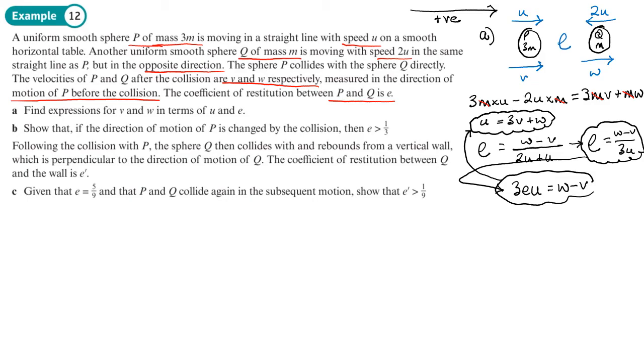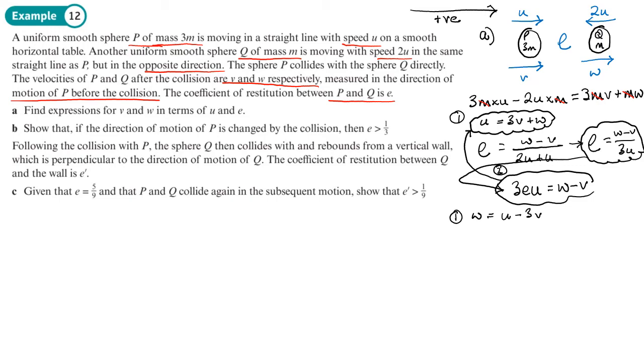Let's start by eliminating w so that we can make v the subject. So I'll take equation number 1 and rearrange it, so I get w equals u minus 3v.